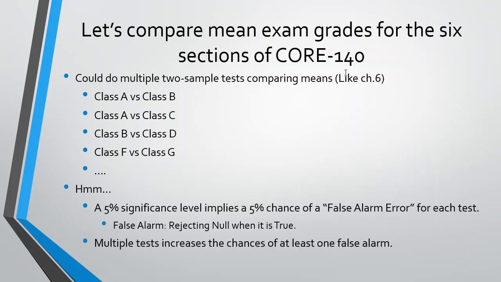And if you're using 0.05 as your significance level, that means there's a 5% chance of a false alarm on each, so if you do 20 comparisons, you could easily reject the null hypothesis essentially by accident, by a false alarm, if you do too many comparisons. So that's what we have to avoid here.